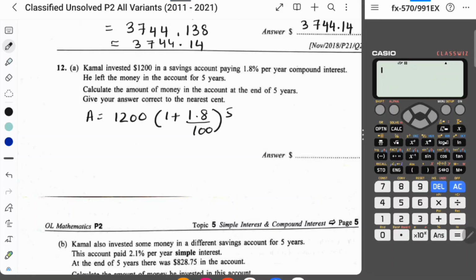So that is equal to 1,200 times 1 plus 1.8 upon 100, bracket close, and we have the power of 5, and then it's equal to 1,311.96. $1,311.96. No need to find the simple interest by subtraction, because this is the total amount they are asking in the question. Okay.